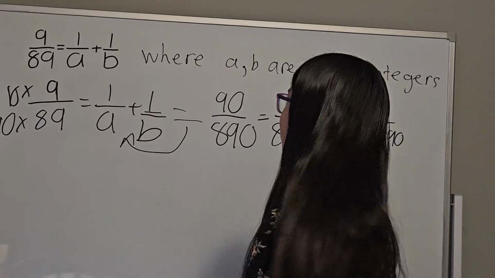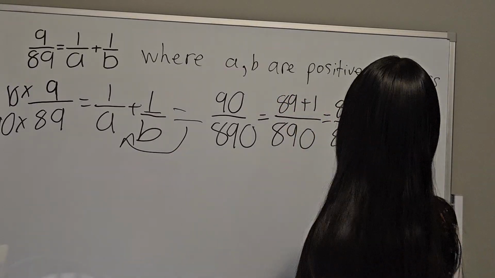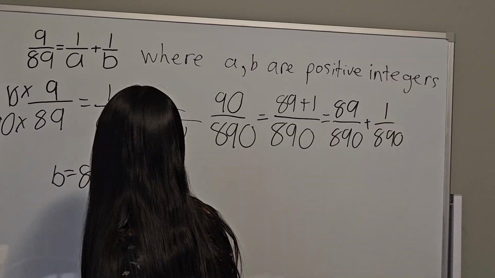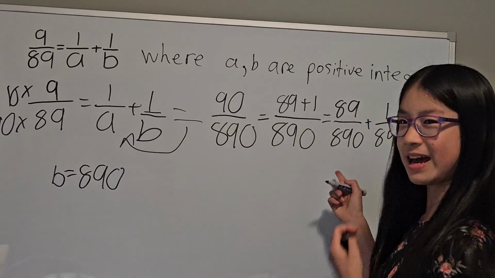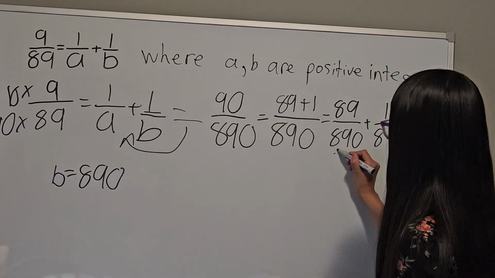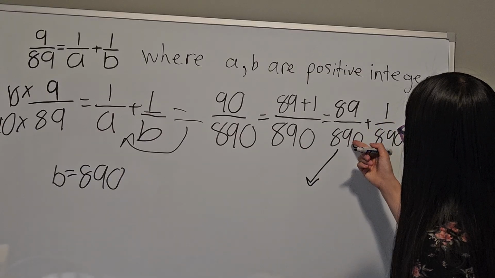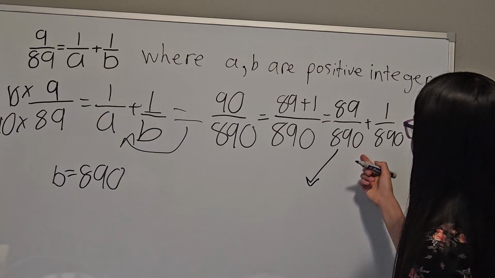Now we already know one of the answers, which is B. So we already know B equals 890. And now we just need to find A. As you can see over here, A, well, you can simplify it.